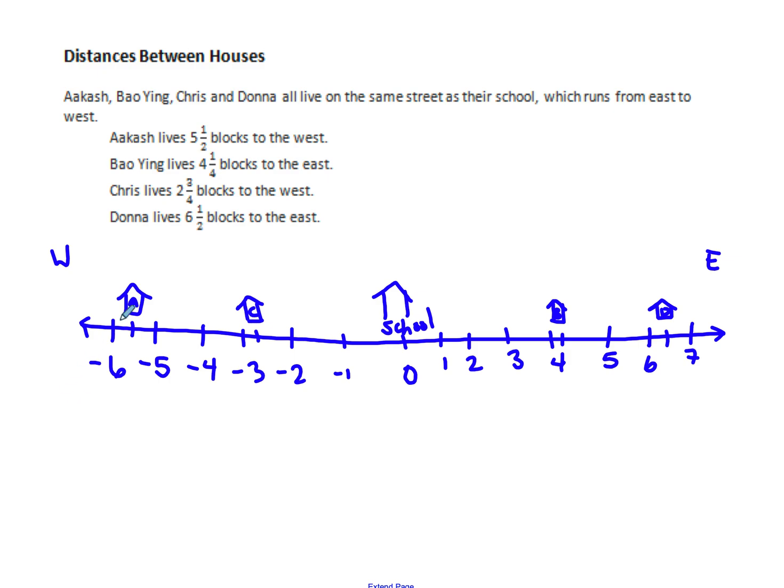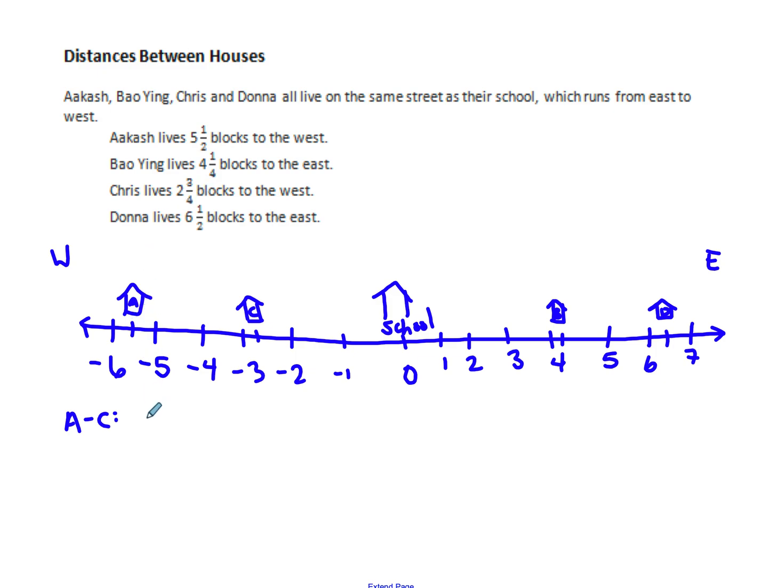Okay, let's check your work. So I'm going to start with Akash to Chris. Now, if I am going to use these numbers as negatives, the distance between them is a subtraction problem. Any of these are really subtraction problems because I'm finding the distance between two things. Okay, so Akash minus Chris.